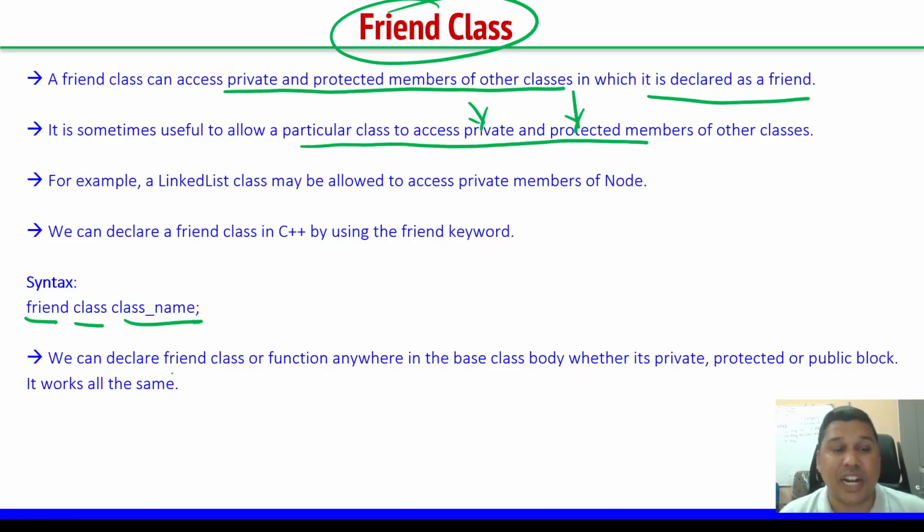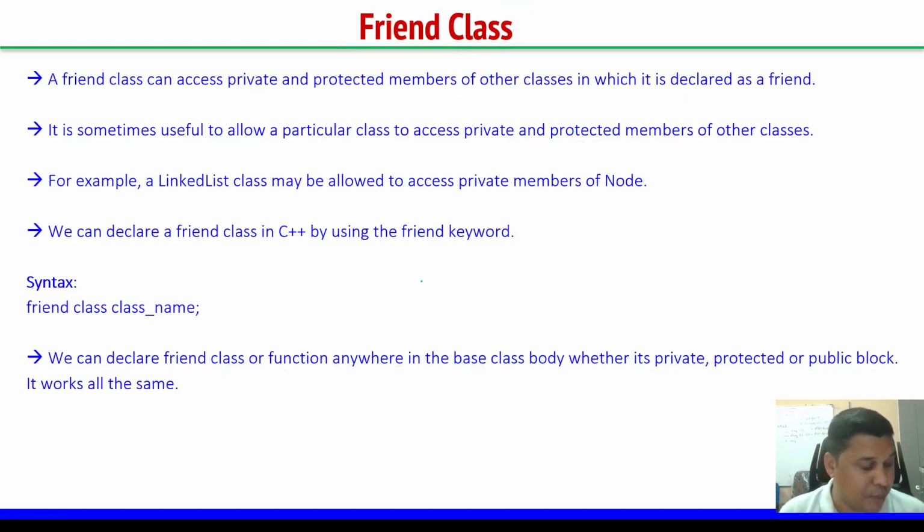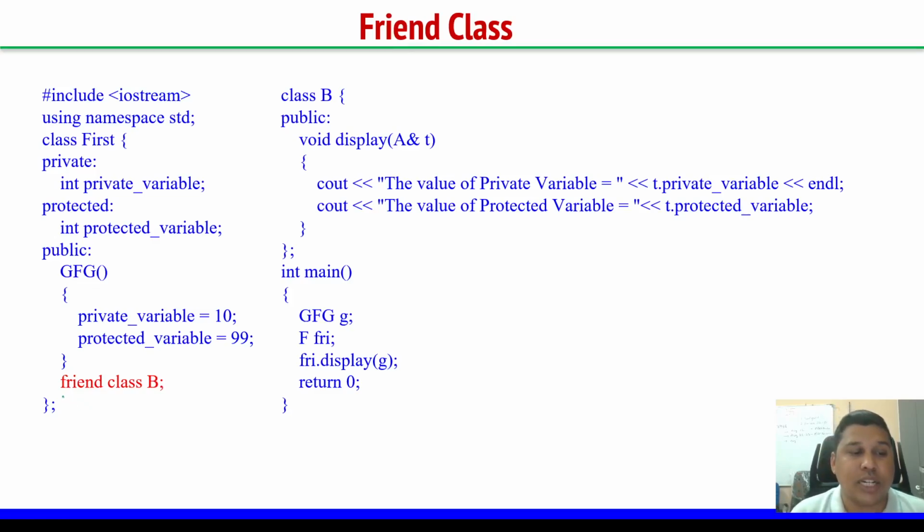We can declare a friend class or function anywhere in the base class body, whether it is private, protected, or public. One very important point: you can use it anywhere here. See, I wrote the statement here. You can write this statement under private, under protected, or under public. There is no difference.